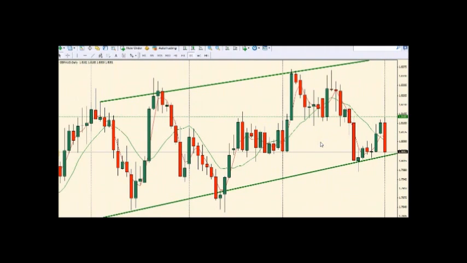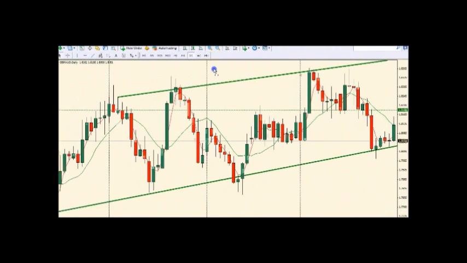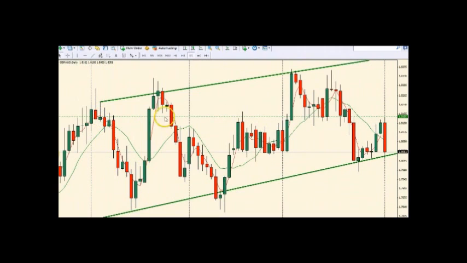On the surface, that seems like a perfectly reasonable strategy. But if you actually look closely at the type of price movement within the channel, you can see that price movement changes from something that's relatively easy to trade to something that's quite difficult to trade. If you compare this downward move here with this move here, you can see that this move had a lot more trouble getting down to the opposite side.